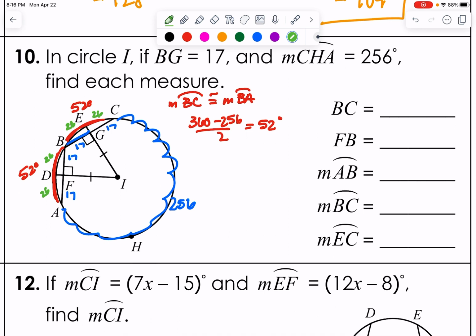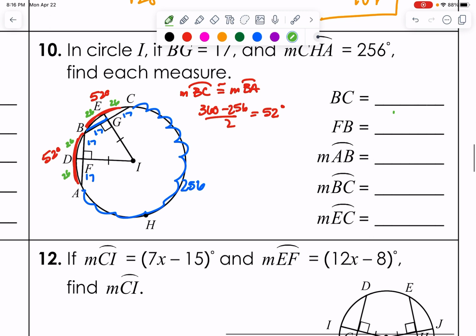That's it. Now I just have to figure out what I need. So segment BC is 17. Oops. Segment FB is also 17. Sorry, is that BC? It is BC, not BG. BC is all the way across. That's 17 plus 17, that's 34.